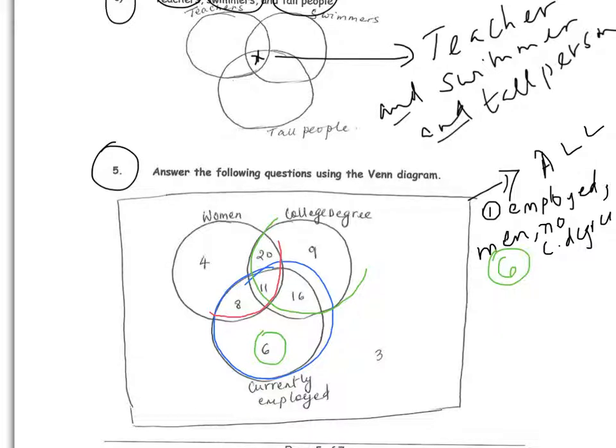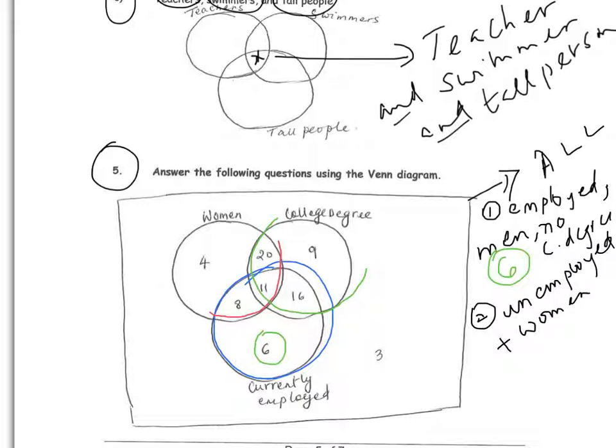So let's look at our next question. How many people at the conference are unemployed women? So let's think about this. So the second question is unemployed, so not currently employed, and they also have to be women.